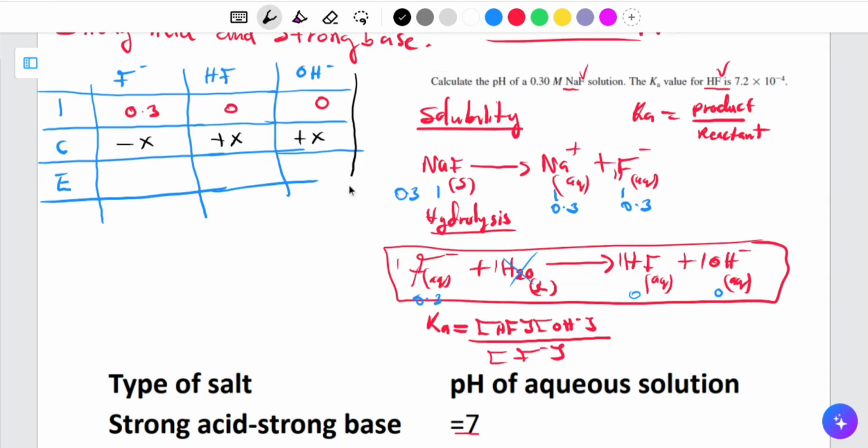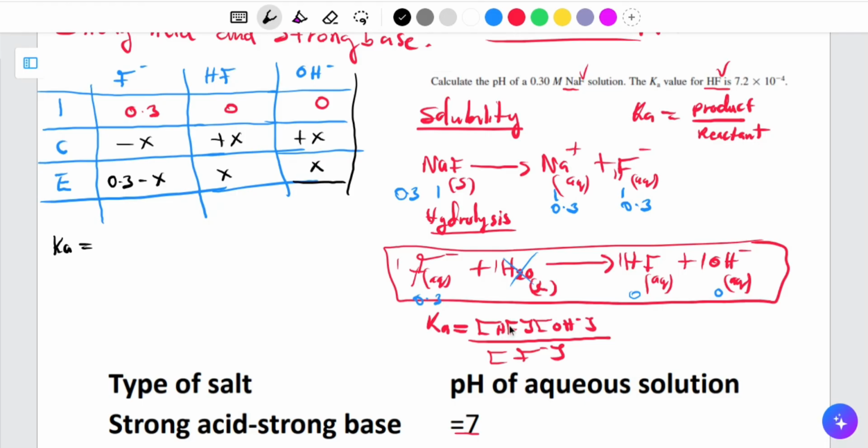So in terms of the equilibrium, what are we going to have? We are going to have 0.3 minus x. Then here we can just say x. Then here we can just say x. So this is what we have. So Kw, or let me say Ka, is going to be equal to hydrogen fluoride.